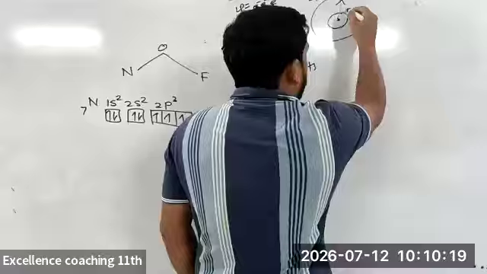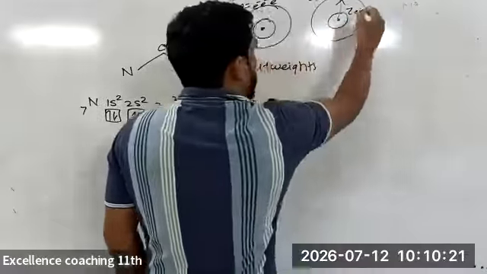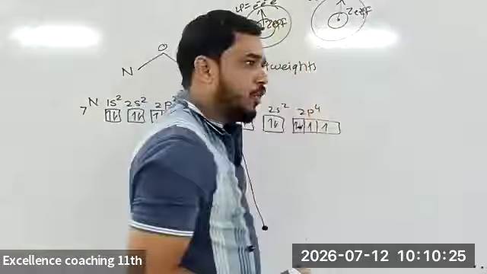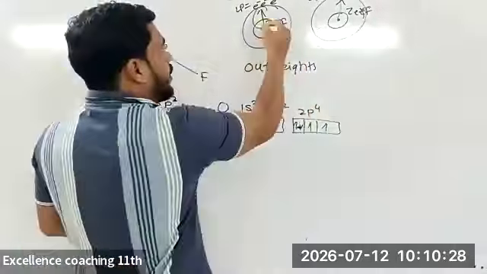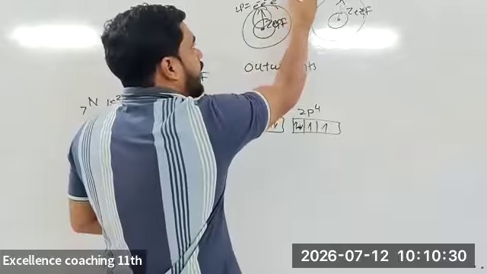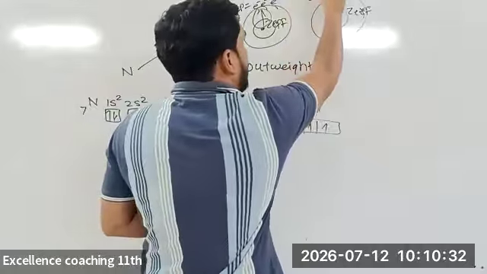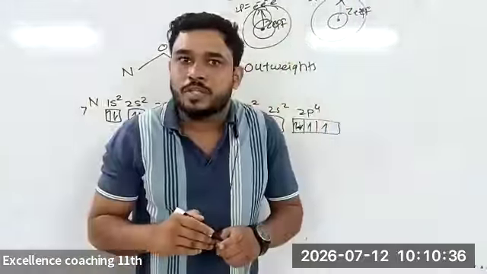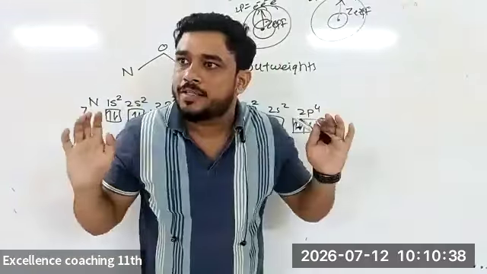But Z effective will be there for both. So here Z effective is more than inter-electronic repulsion, so automatically atomic radius decreases.